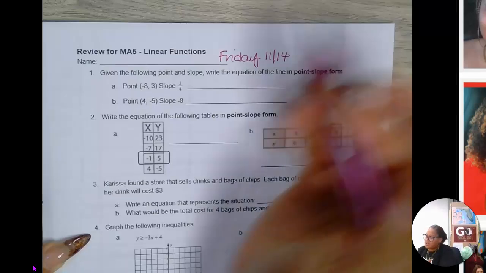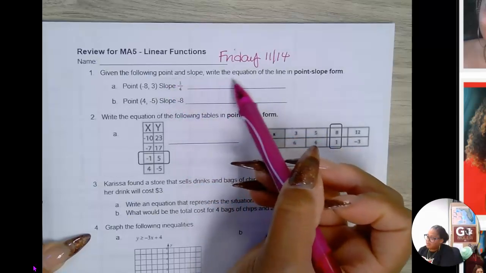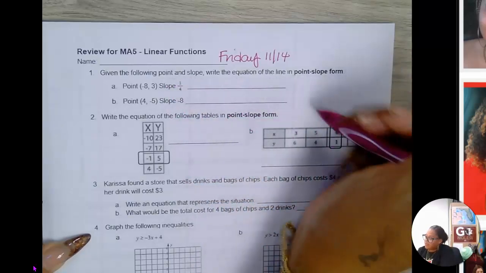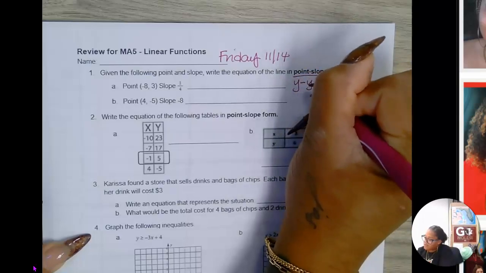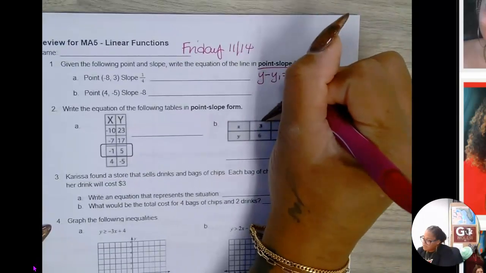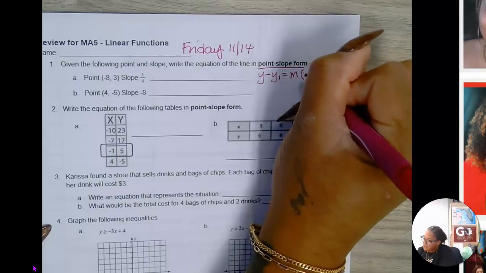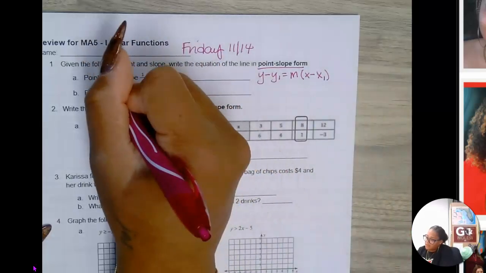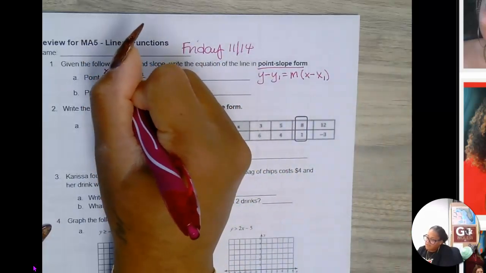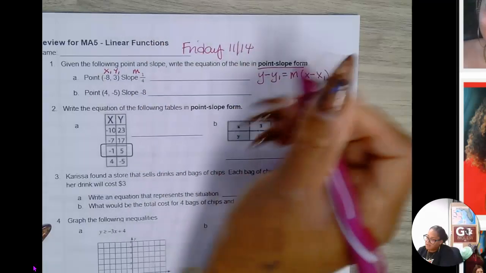Let's get started. It says, given the following point and slope, write the equation of the line in point slope form. That form is y minus y sub 1 equals m times x minus x sub 1. So this is my x sub 1, this is my y sub 1, and this is my slope.